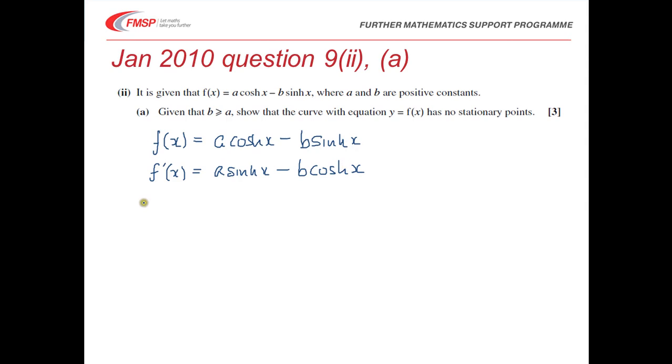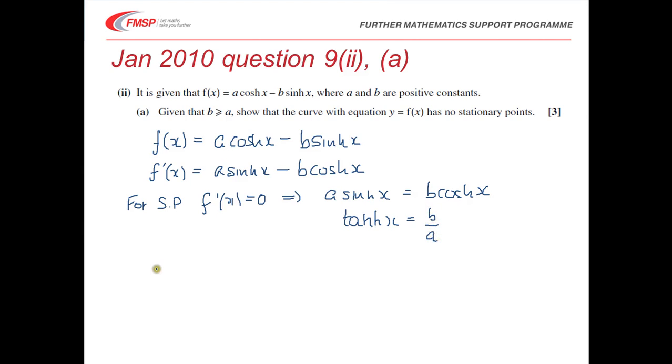If we had a stationary point, we would have f dash of x equal to 0. In other words, that would mean that a sin x would be equal to b cos x, in which case tan x would be equal to b over a.